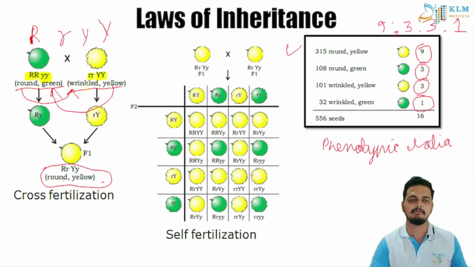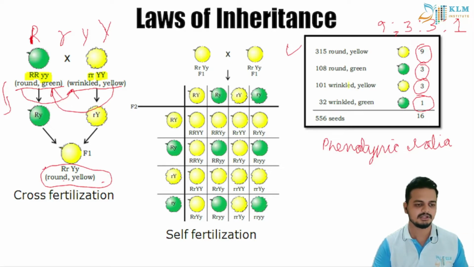So what happens when there is gamete formation? So this process is known as gamete formation. It takes one of the characters and uses one of the factors from it. So it takes one capital R from it.